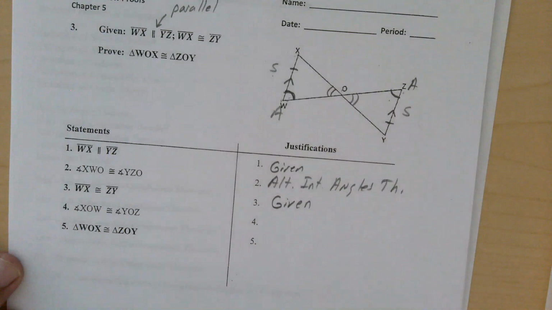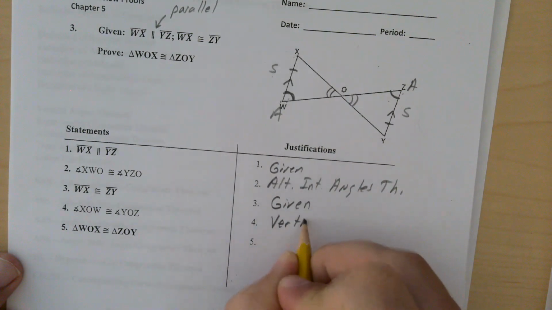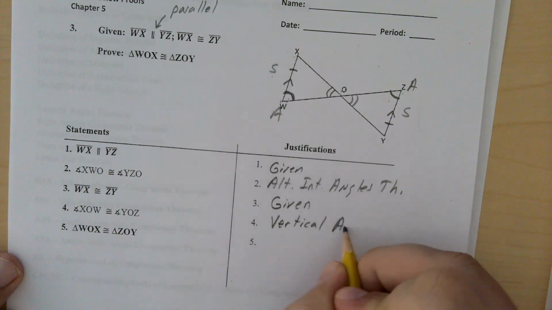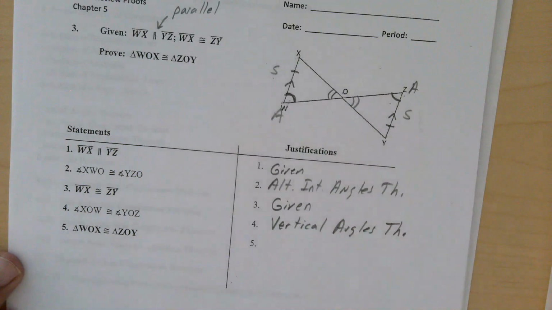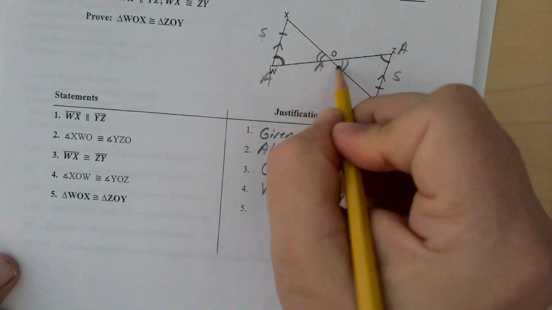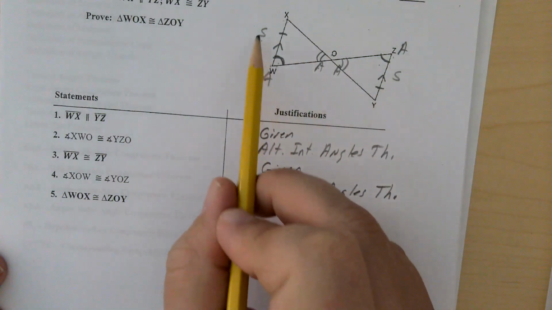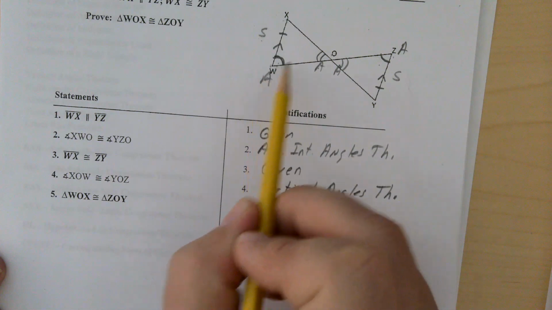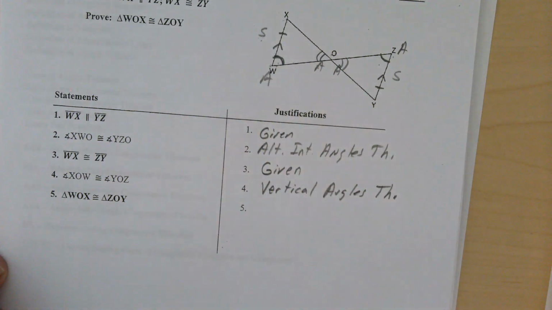I'm hoping by now, having seen this multiple times, you know they're vertical angles, and all vertical angles must be congruent. So, vertical angles theorem. Then please mark it so that you realize what we have is angle, angle, side. You cannot say angle, side, angle, because this side is not in between the two angles that are marked.